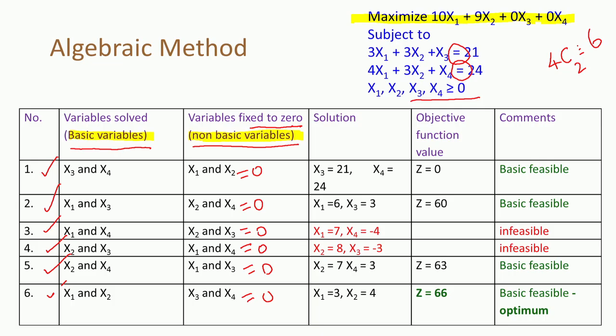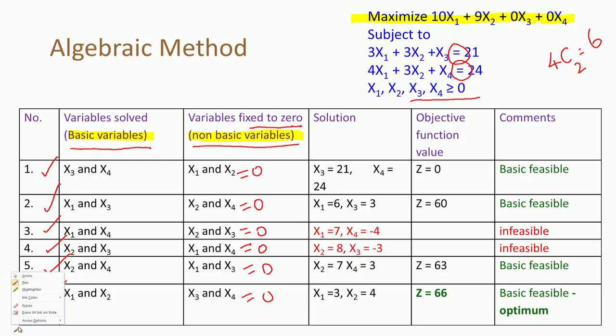Those variables that are fixed to 0 are the non-basic variables, and those variables that we are going to solve are the basic variables. Now, let us look at each one of these 6 solutions and see what happens when we actually solve them.